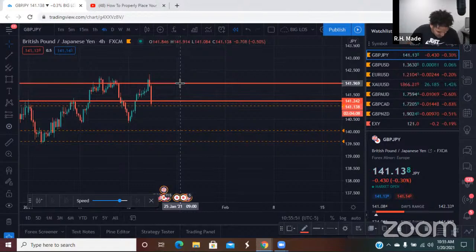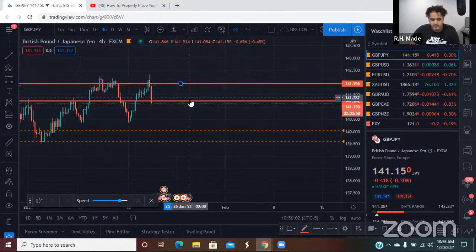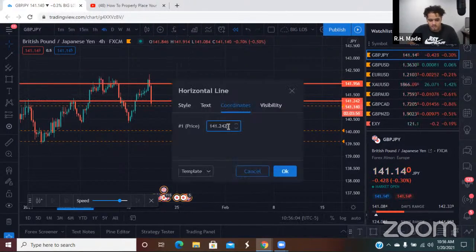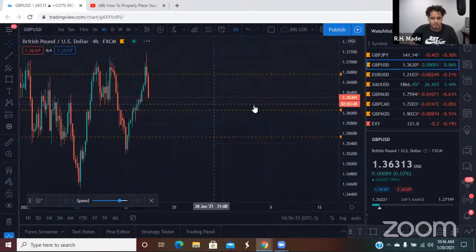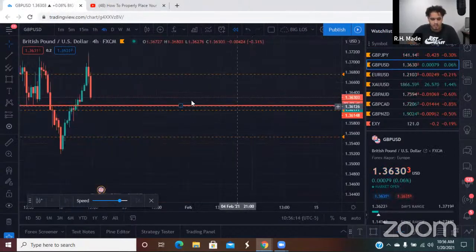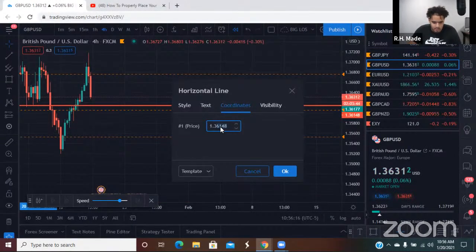So I'm pretty sure. Let me see what he said. He said GU and GJ dropping after hitting my point of interest for sell. It was a long wait, but patience pays. I'm taking it off the next level at 136 even. So this is GJ. For GU, he's at 136 even.